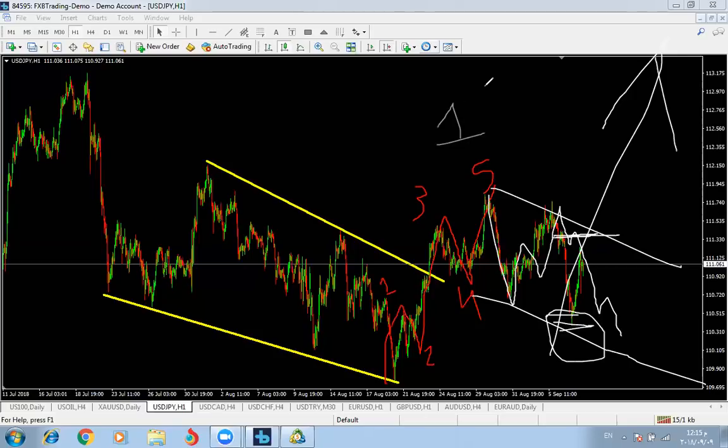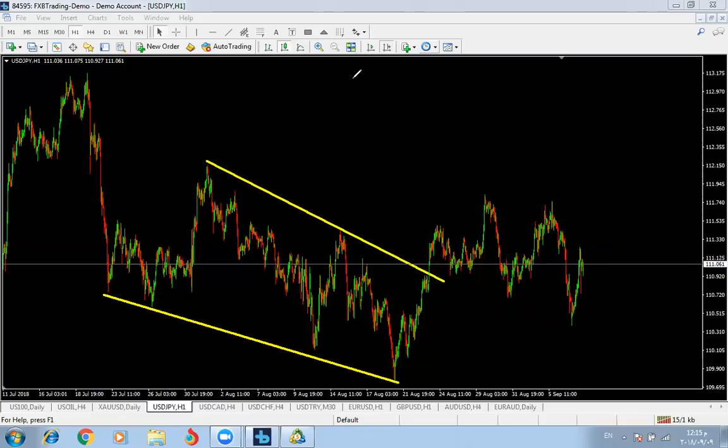So our next move is like this. This is 1, this is 2, and the price should move very fast and aggressively to the upside.